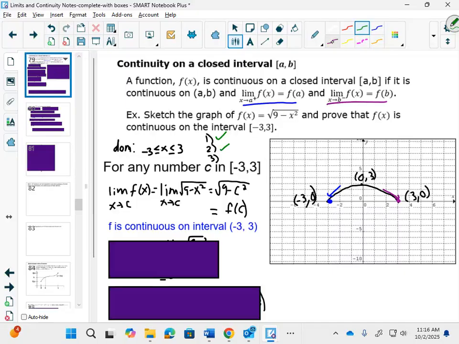Are the limit and the function exactly the same? Yes. So technically, by just showing this part here, you've shown all 3 things. You showed that plugging in c gives me f of c, it exists. The limit exists. And the limit and f of c are exactly the same thing.